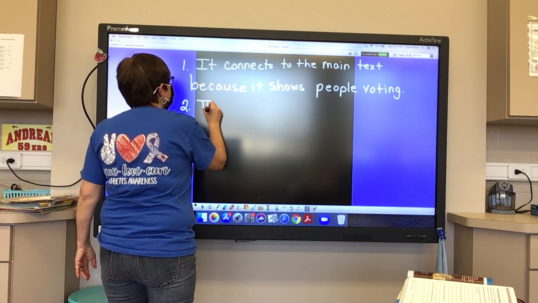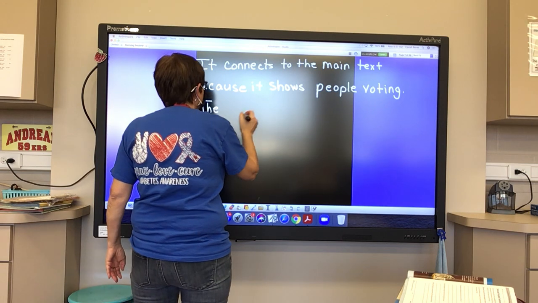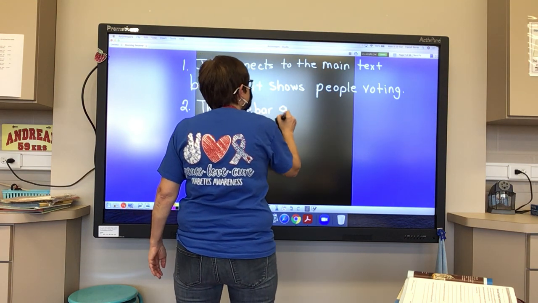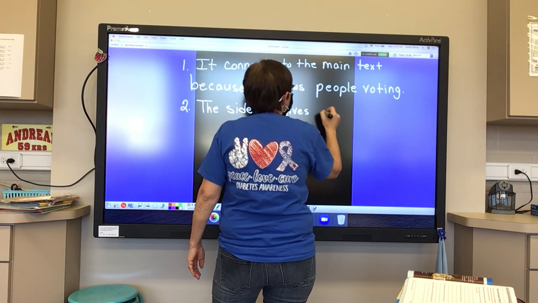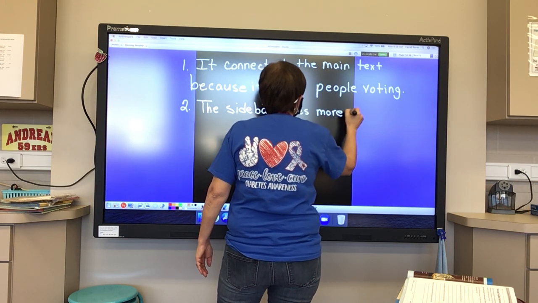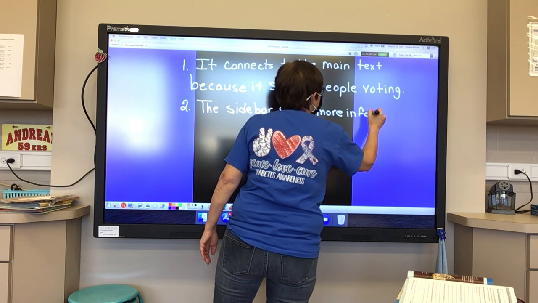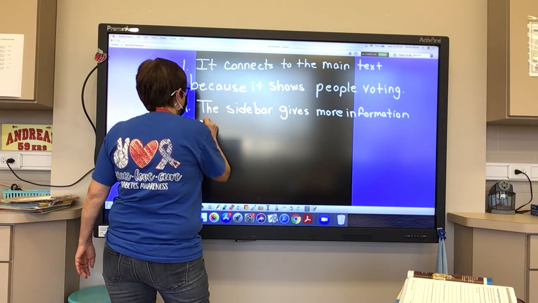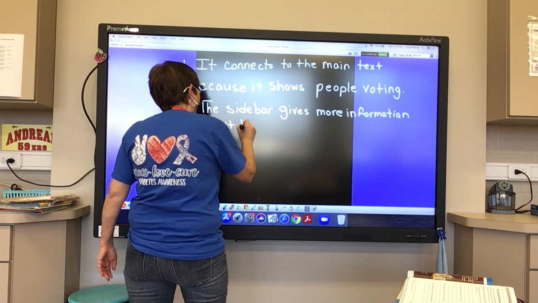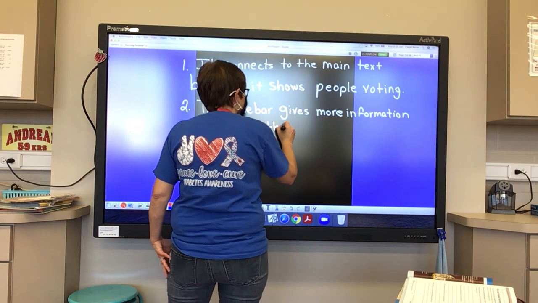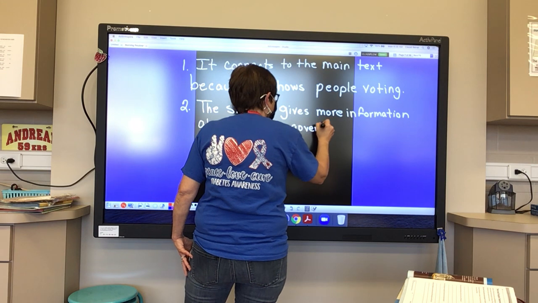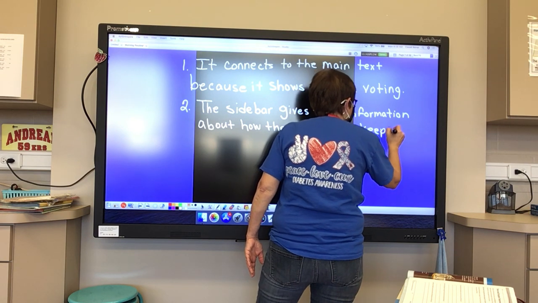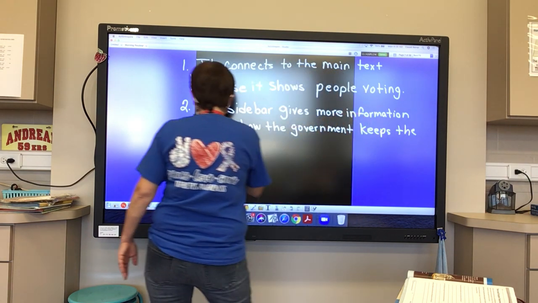So the sidebar gives more information about how the government keeps the American people safe.